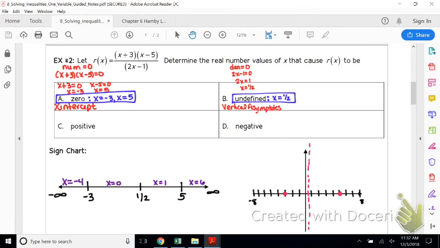Everybody good with those numbers? Yeah. So we're going to plug those in, and we're going to solve. We're going to need it to kind of help us maybe with the graph, but I'm going to show you how, when we go to graph this, I'm not actually going to use the number answer. I'm only going to use the sign. So let's plug in negative 4 into our function.